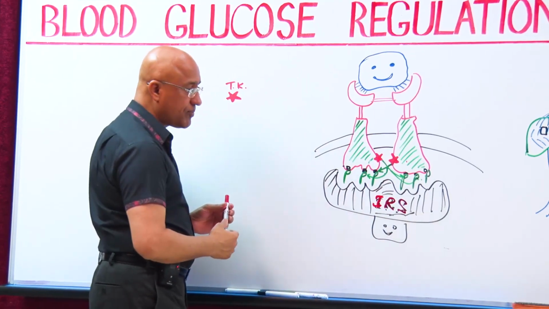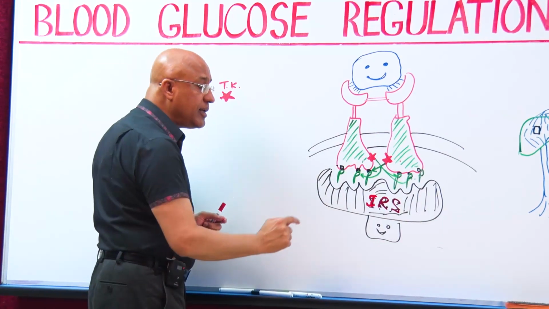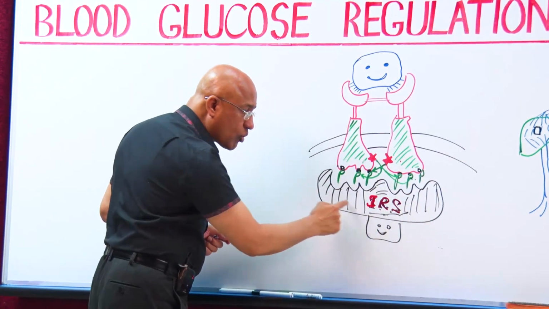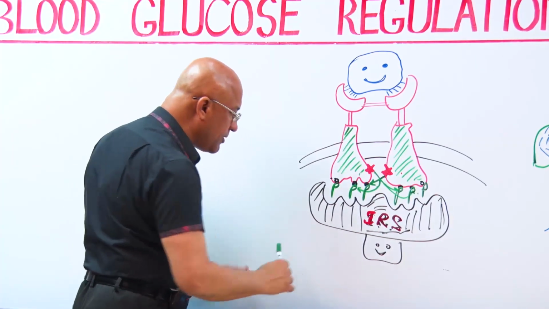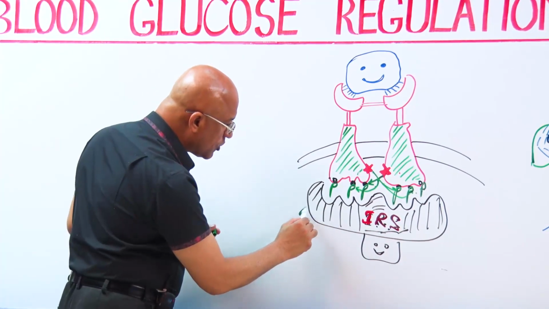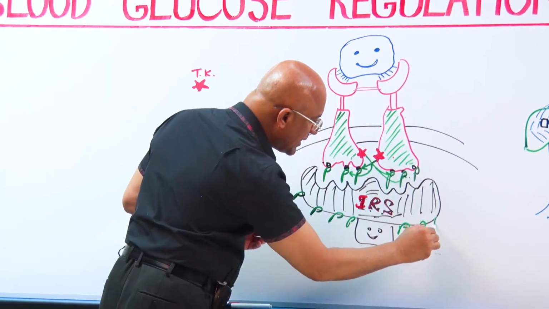And after that, these beta units attack this insulin receptor substrate and lead to phosphorylation of IRS.